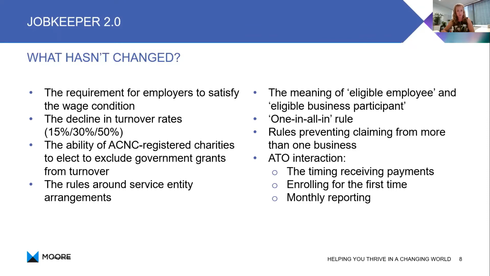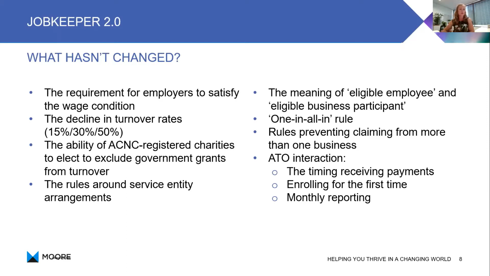We're going to be changing that under this new system, but the requirement to pay employees at least that, which includes pay-as-you-go withholding, so you still withhold from those amounts, is still there. So you may still have some employees that are getting topped up, and that's something to be on top of quite quickly so that you can meet that requirement when the time comes in a week or 2 weeks' time.